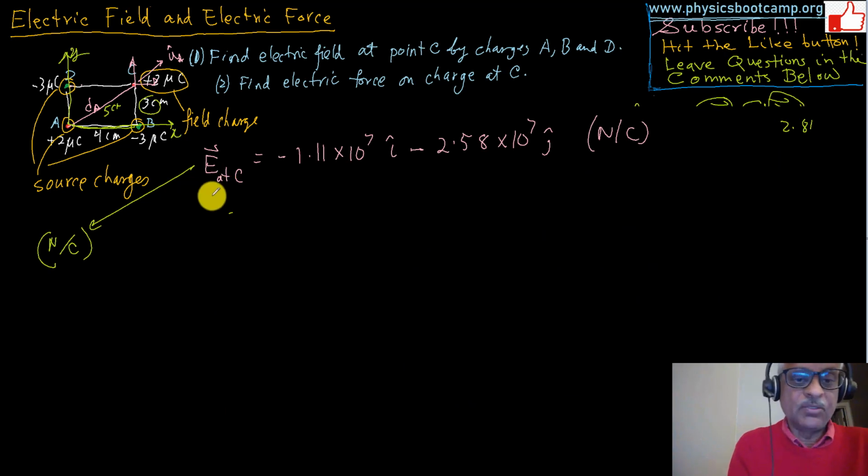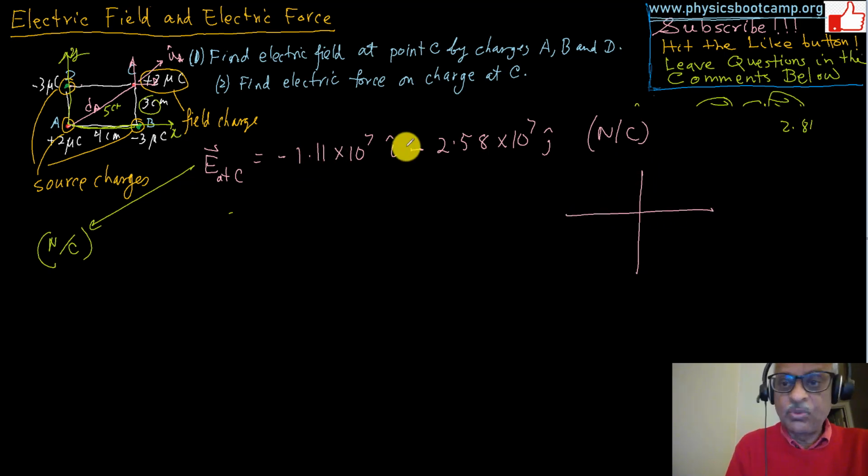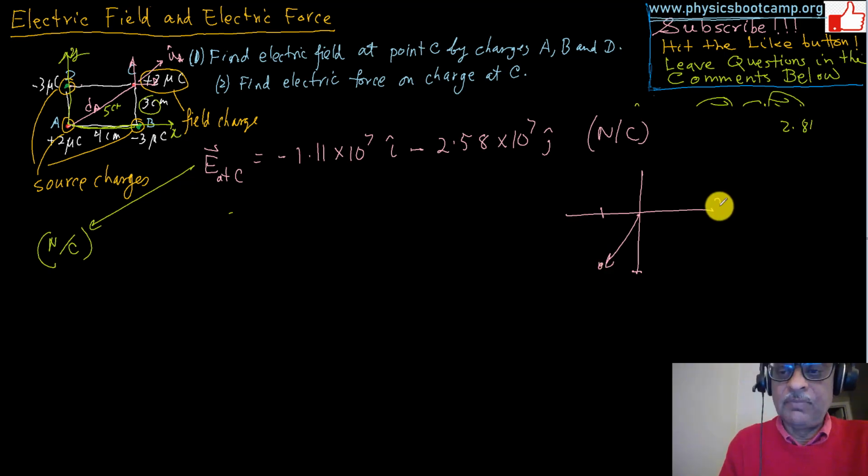So what's the magnitude? This vector has minus 1.11 here and 2.5 over here, pointed in that direction like that. There's the x and y. So this will be the magnitude part.